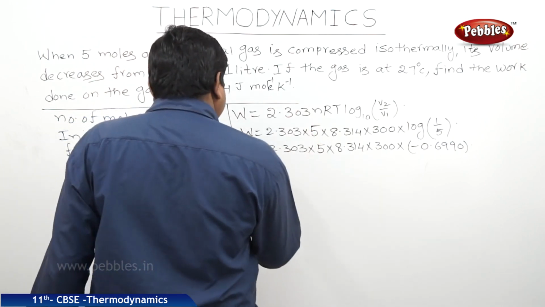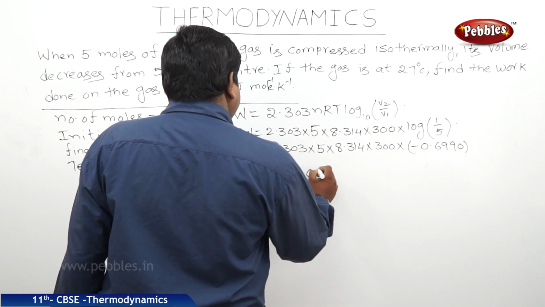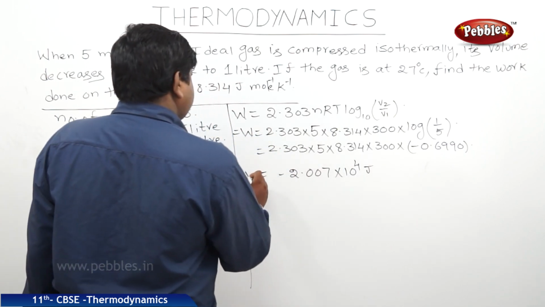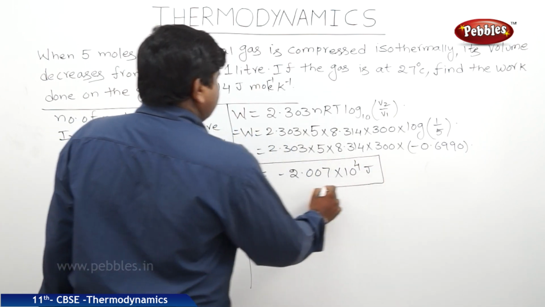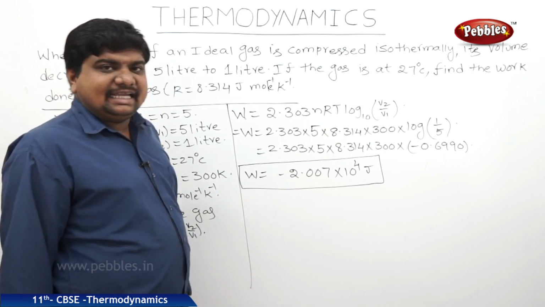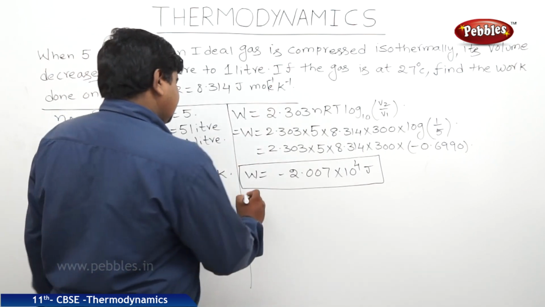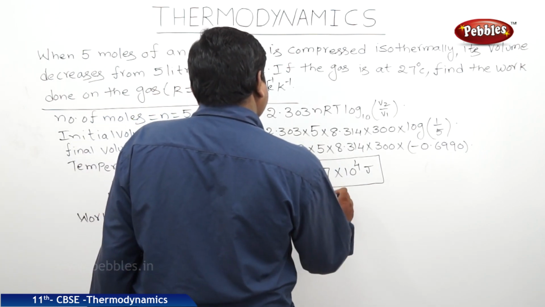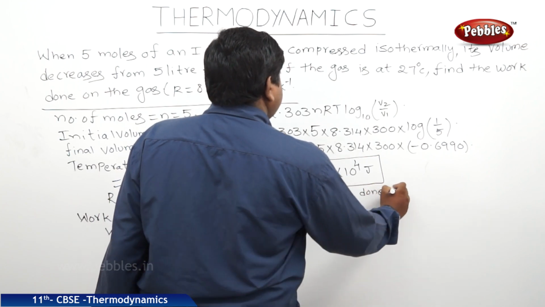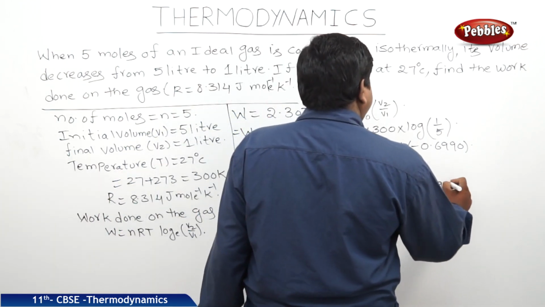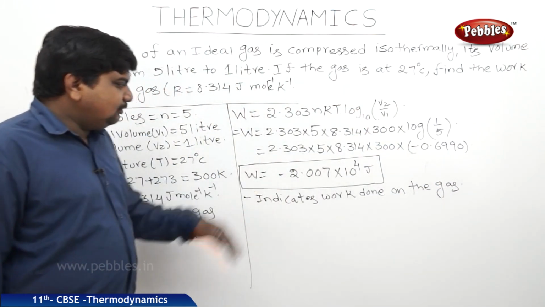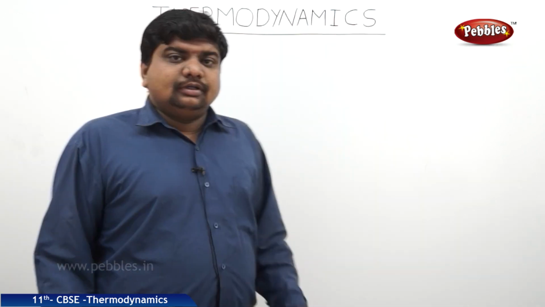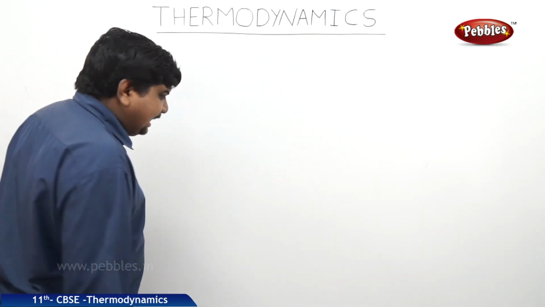If we do the whole calculation, we will get minus 2.007 into 10 to the power of 4 joules, where minus indicates work done on the gas. So this is the amount of work done for these physical quantities present in the ideal gas. The next different type of process is adiabatic process.